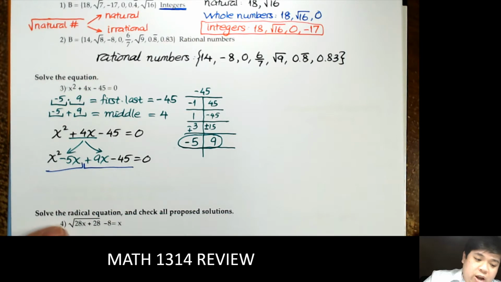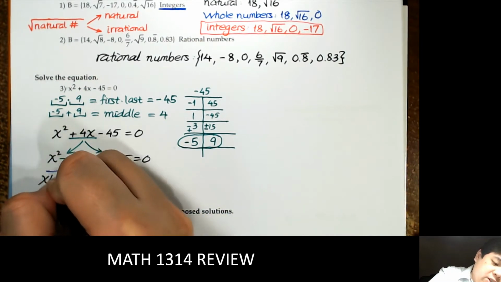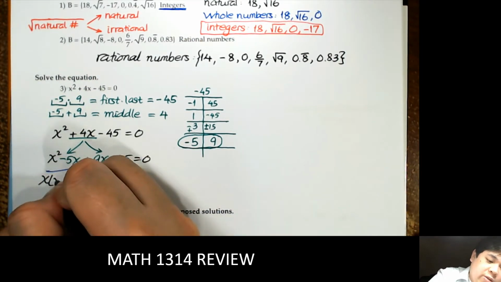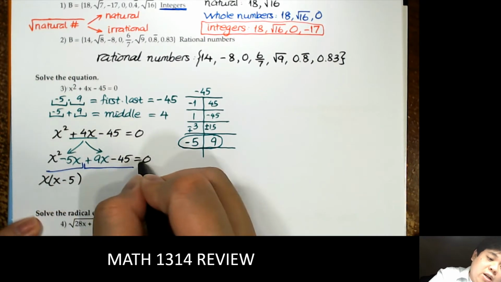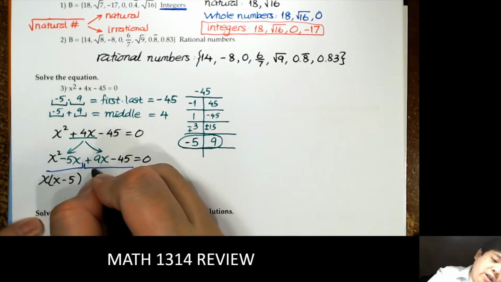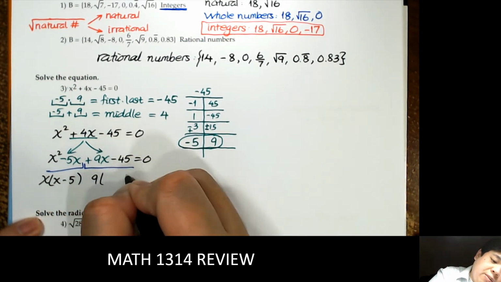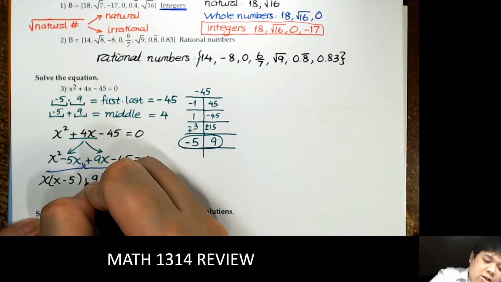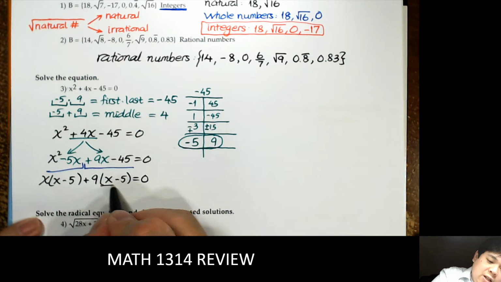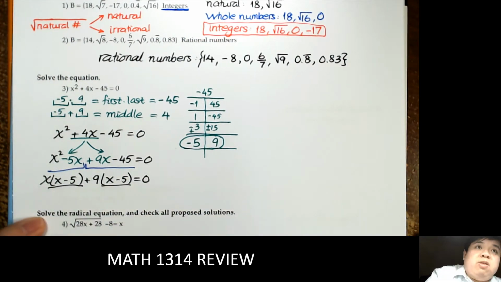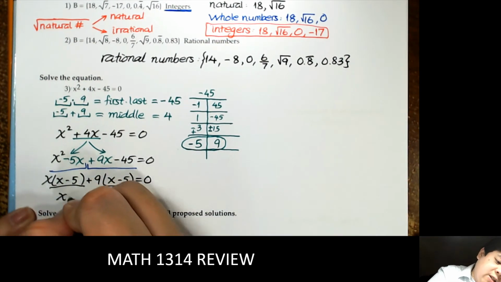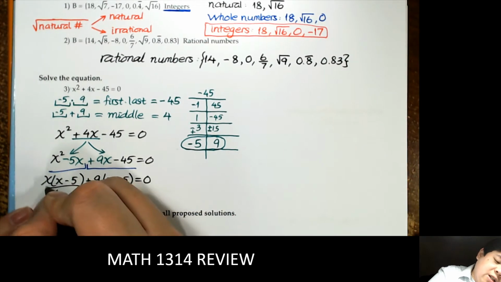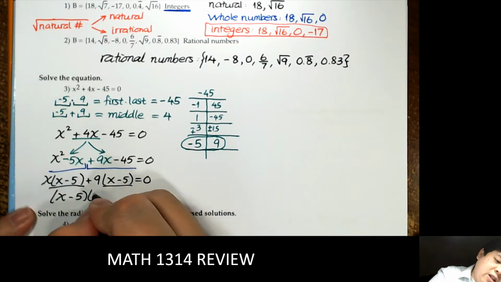The first two have x in common. Factor it out. We have x minus 5. The other two, I can factor out 9. Then also x minus 5. There's a plus. Both have x minus 5 in common. We factor it out. We are left with x plus 9.